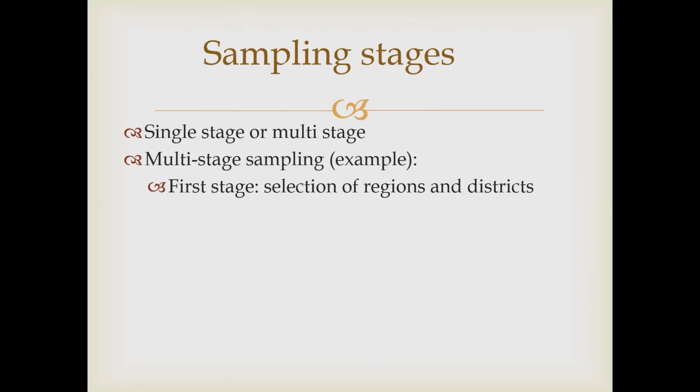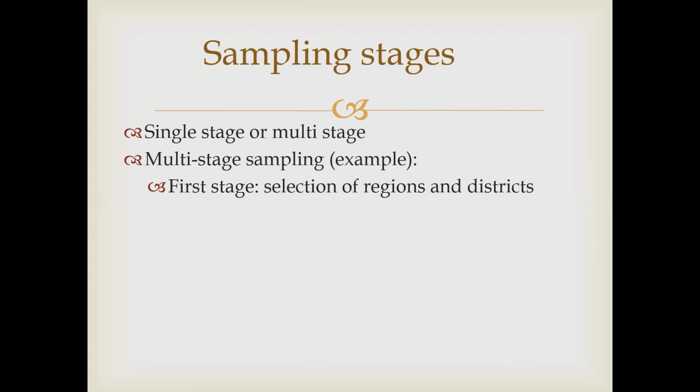So we may select one district from each region. So in the first stage, we are dividing the whole state into different regions, and from each region, we are selecting one district. This is to represent the entire state, because northern region is different from southern region, and southern region is different from the central region.